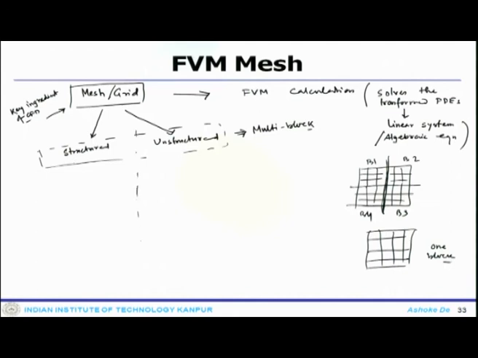Now, once you have a structured mesh, it is easy to handle, because the i, j, k directions can be tracked easily. Unstructured is not easy to handle, because the cells are randomly located.